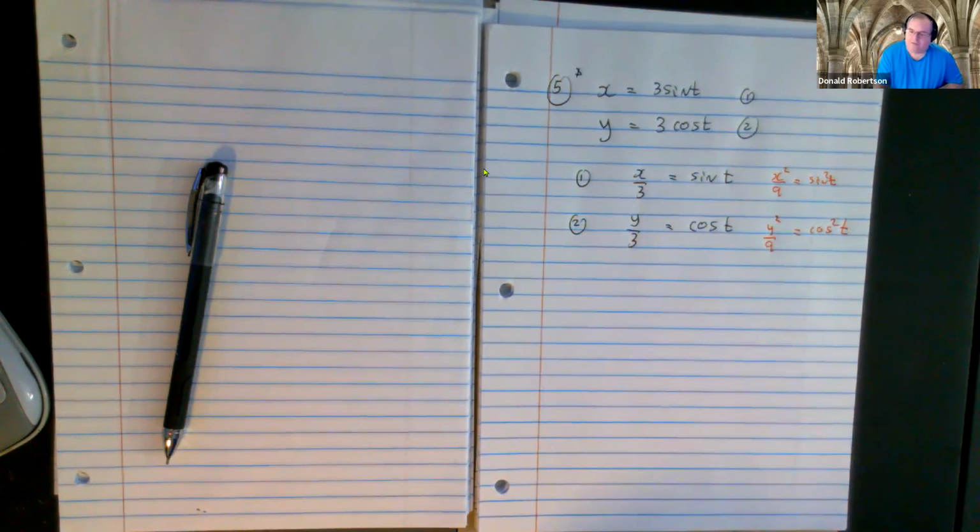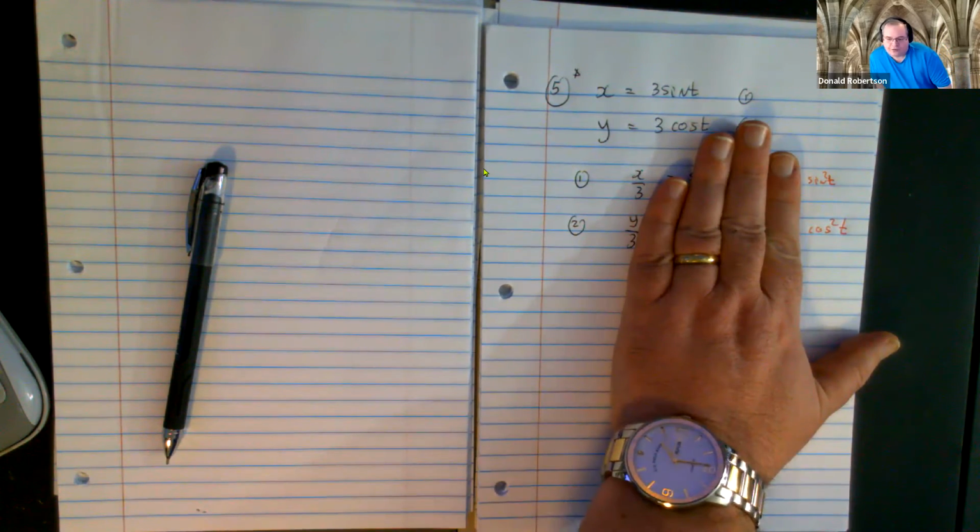And I'm trying really hard to find a trig identity that I can use. Do you notice that sine squared and cos squared play well together, don't they? Great. So what do you get if you add them?